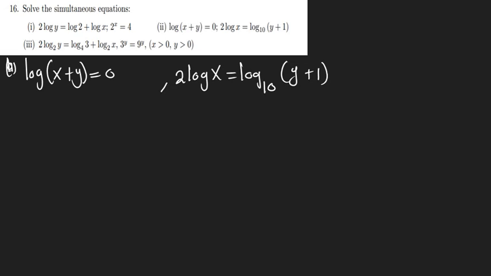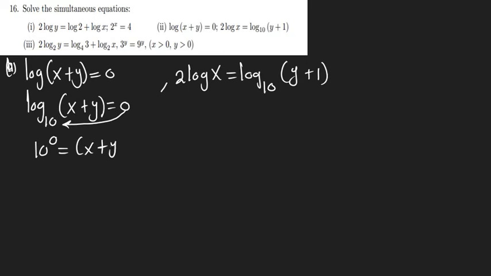Remember guys, if the base is not shown, it's base 10. So this is log base 10 of x plus y equal to 0, and this is just the same as 10 to the power 0 equals x plus y. So this becomes 1 because 10 to the power 0 is 1. Then you have 1 equals x plus y. Name this one as equation 1.